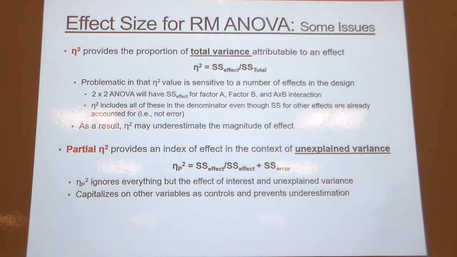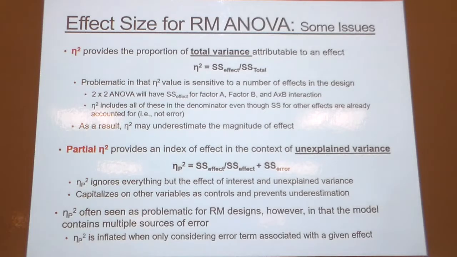Partial eta squared in our unordered means was 0.08. That's not a huge amount, but it's bigger. Our partial eta squared for our depression scores was massive. It was like 0.5 something. That's nuts, but it's really big.